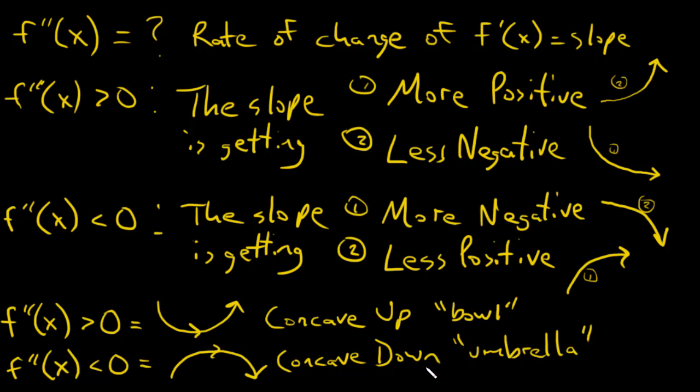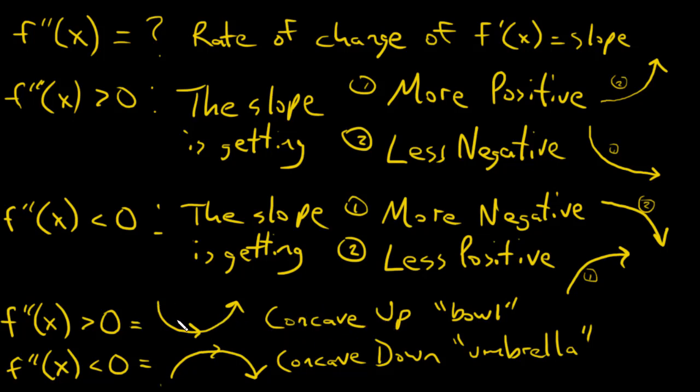So we're going to have f double prime of x greater than 0 means the slope is getting less negative or more positive, which gives it this opening up shape, this curvature that is opening up. That is called concave up.